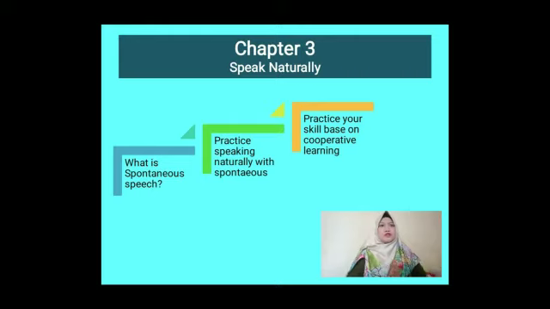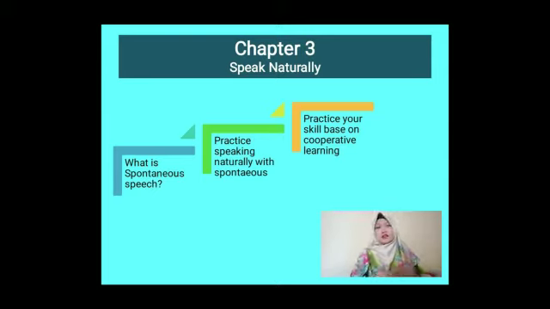So there are definitions of spontaneous speech, and then in this chapter, the reader can practice speaking naturally and spontaneously, and the reader can practice their skill based on cooperative learning with their friends behind them, or with their group, or do it in their social life.